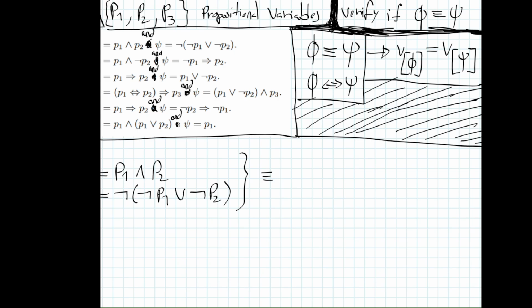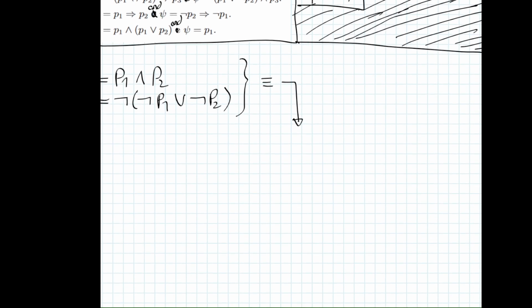The verification can be taken from an unfolding of one of these expressions onto the other. I find it easier to begin with this one because it's simpler to arrive at the other. So let's begin. This is how you do it.